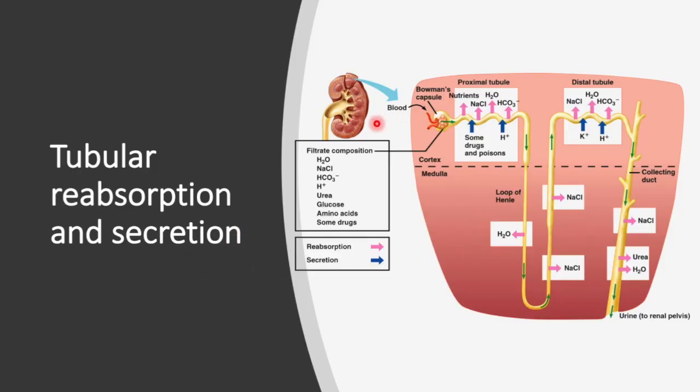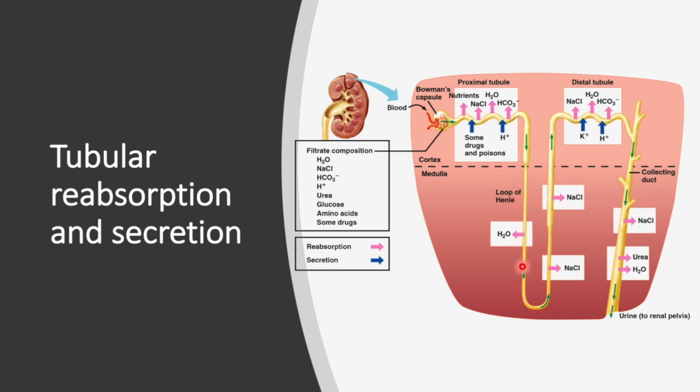This figure summarizes the reabsorption and secretion process that occurs in the tubules. Reabsorption and secretion processes mainly occur in the proximal tubule and distal tubule. Sodium chloride is reabsorbed at all parts of the tubules except for the thin descending limb.